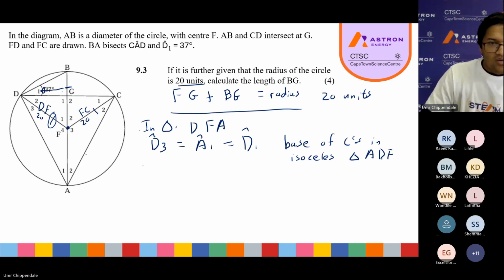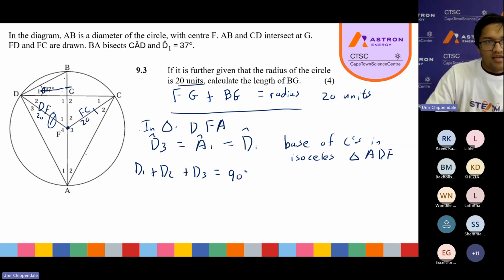Now what we can state is that angle D1 plus angle D2 plus angle D3 is going to equal 90 degrees. And why is that? Remember, we said that because of this line that all meets up at that point over here, it covers all of that. So this, and this is all going to be equal to 37 degrees.